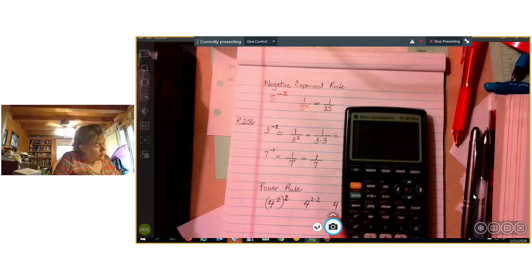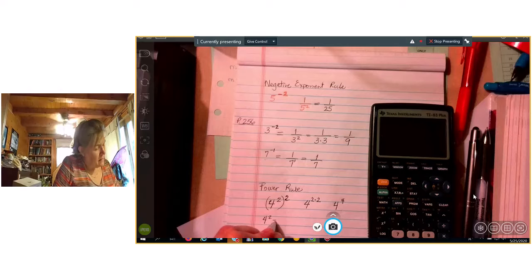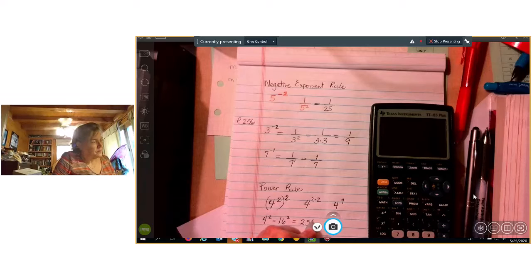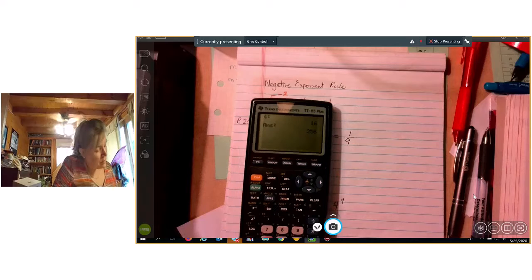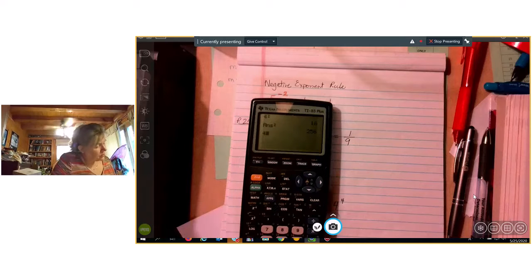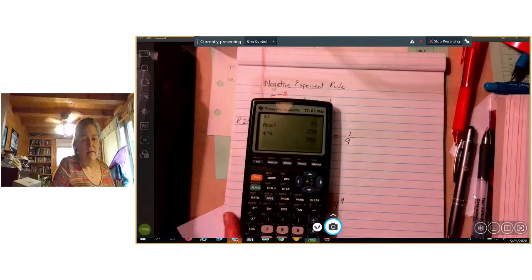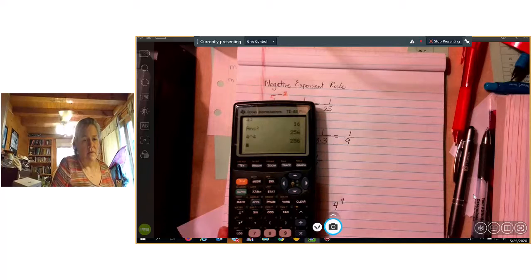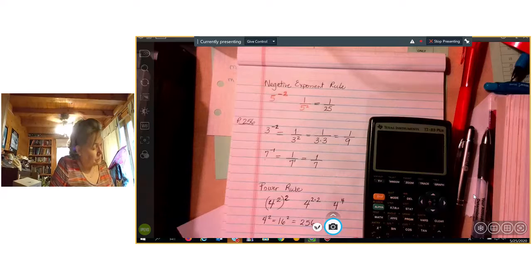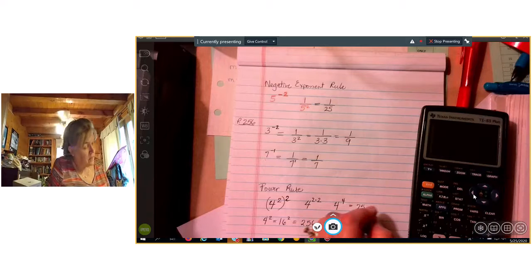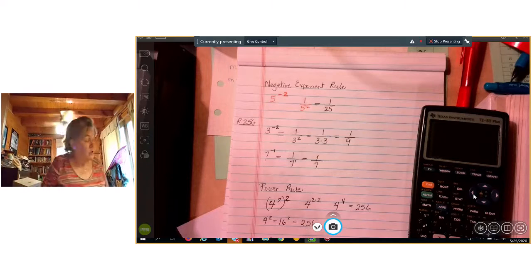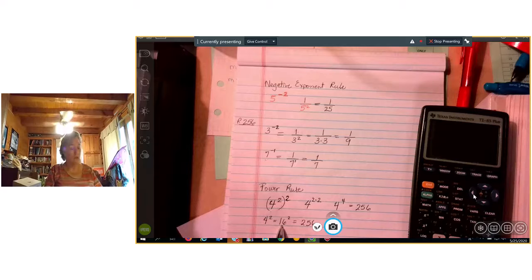So 4 squared is 16, and 16 squared is 256. Instead of me having to go through that whole thing, I can just do 4 raised to the 4th power, and I get the same answer, 256. So 4 to the 4th is 256. 4 squared, 16 squared is also 256.